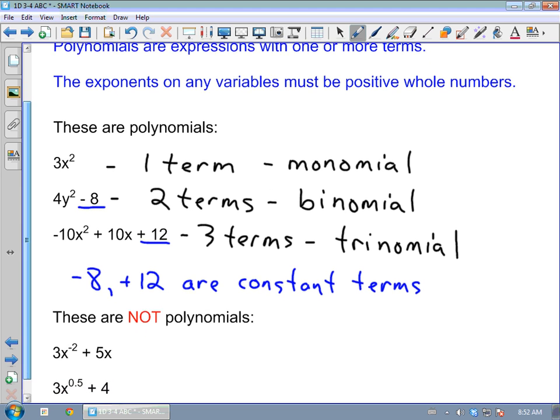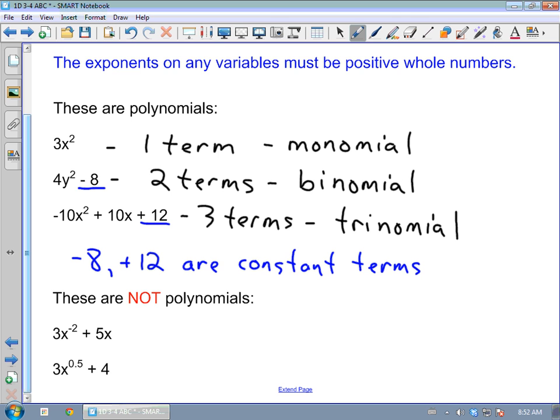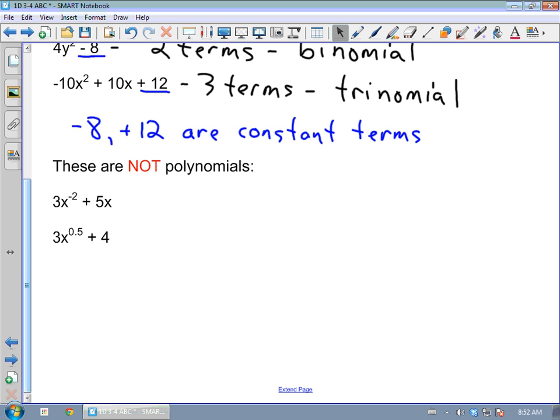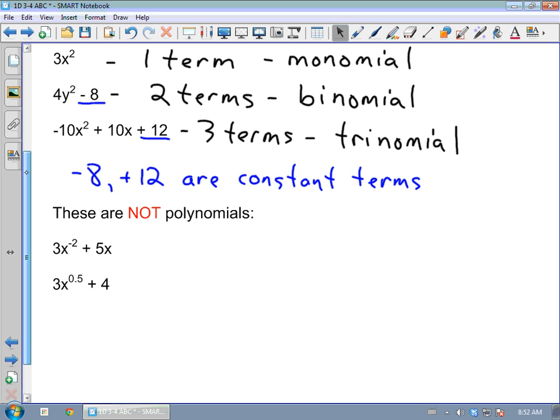So those are all examples of polynomials. At the bottom here, I have 2 examples of things that are not polynomials. Why are these things not polynomials? Yeah, the exponent here is a negative number.